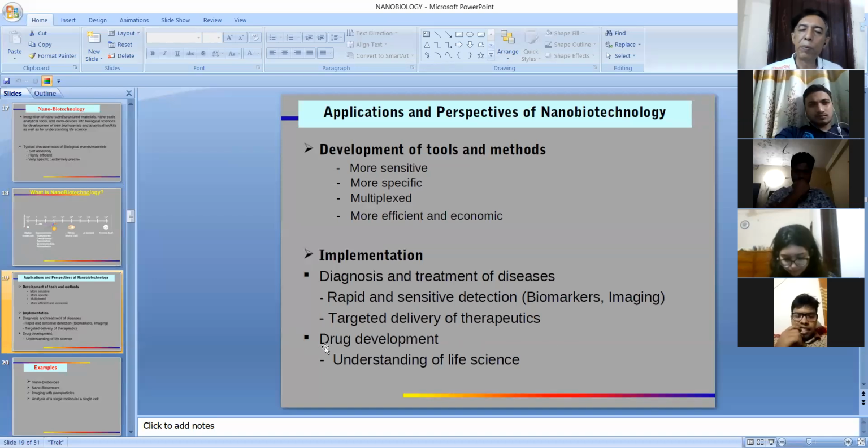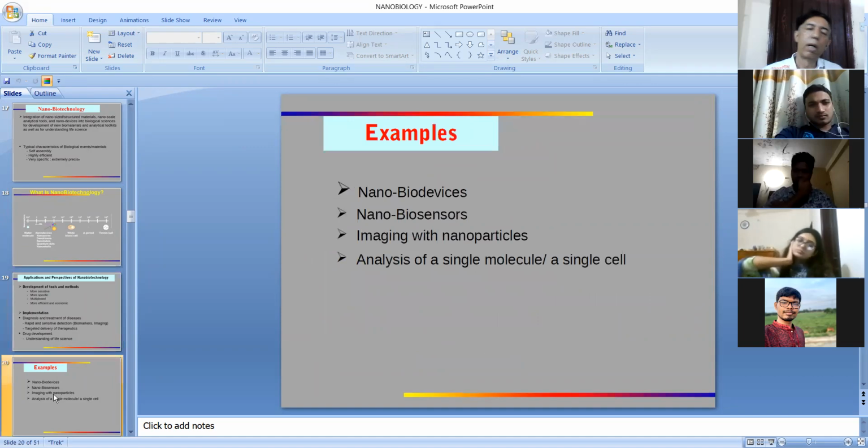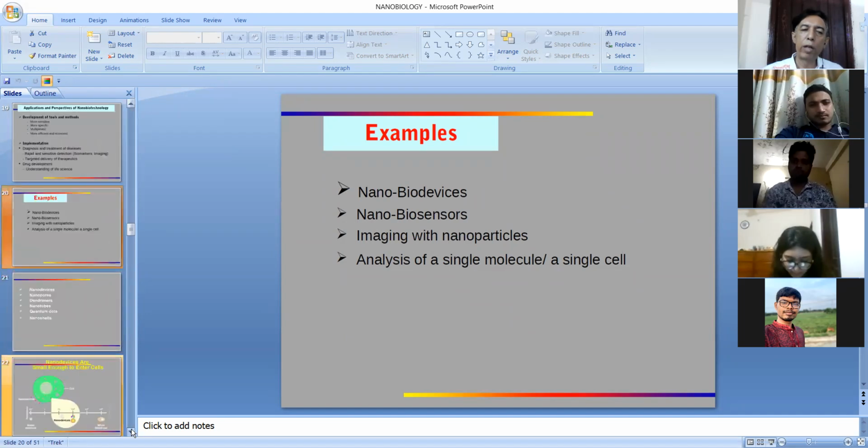They can be implemented in drug development. They can be implemented in various levels of your medical sciences. And the examples of nanobiotechnology are nanobio devices, nanobiosensors, imaging of nanoparticles, analysis of a single molecule or single cell. If you want to analyze a single cell, you can do it by means of nanobiotechnology.